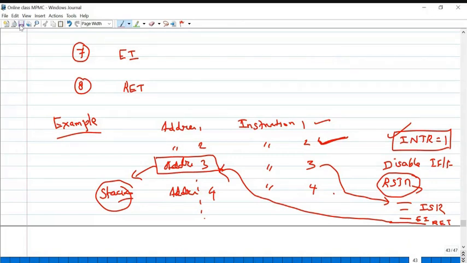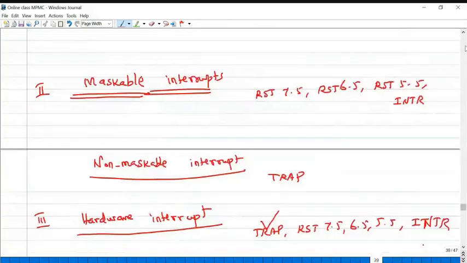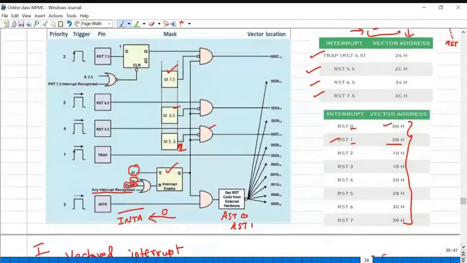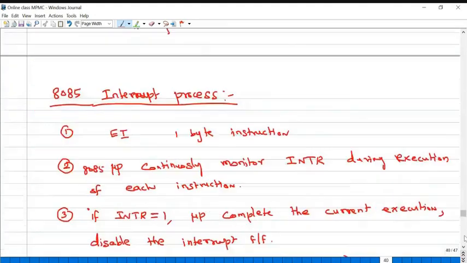Please tell me. Or, how the restart instruction is working. Then I also have to explain clearly with this table. Okay. With this table. So any doubt?